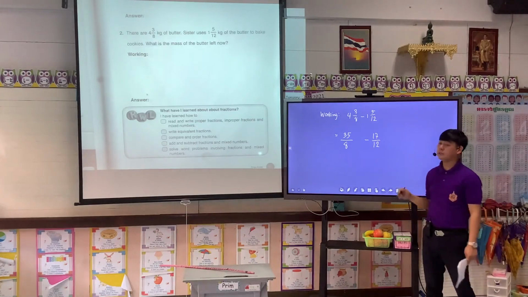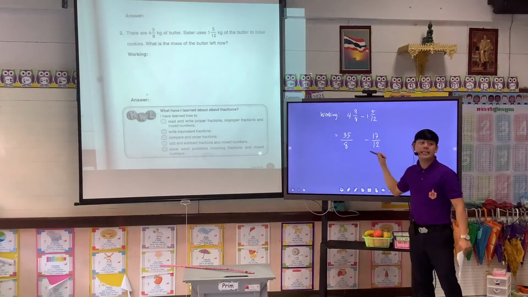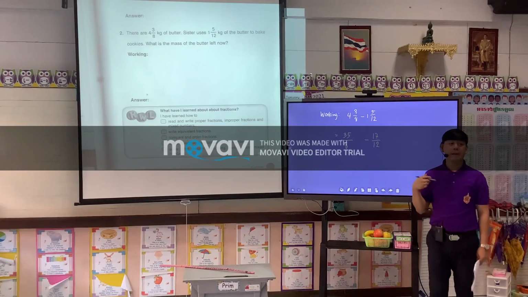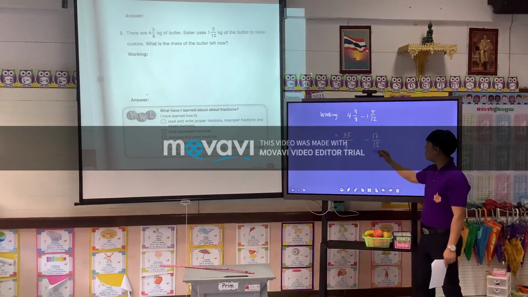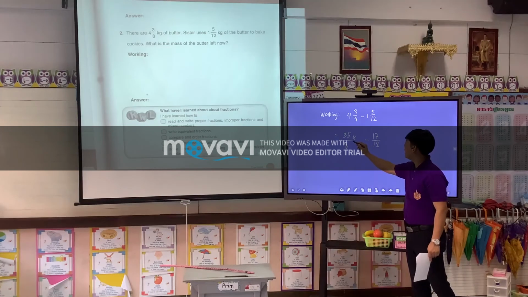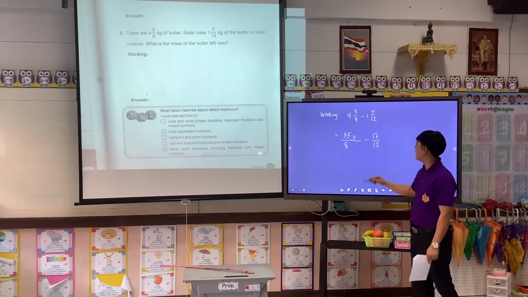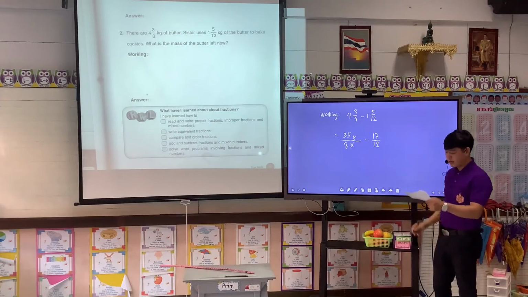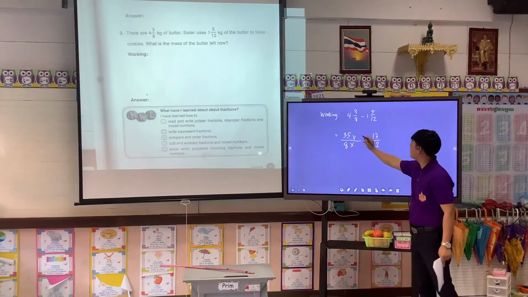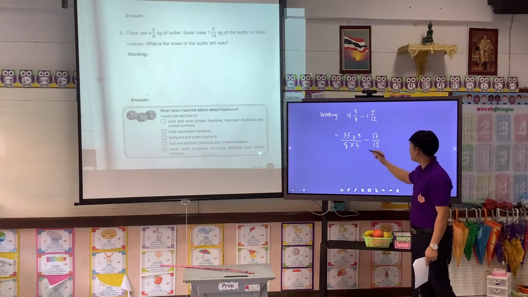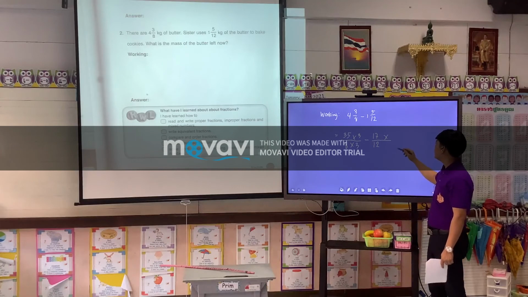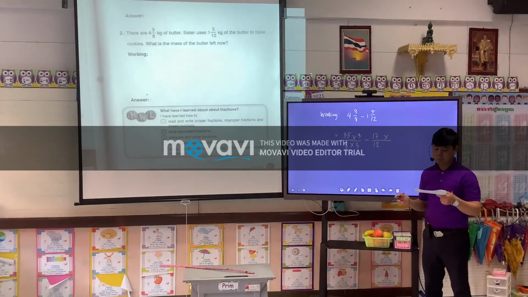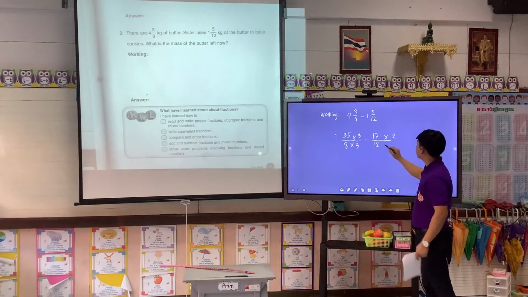What should we do to equalize the denominator? Let's find the numbers that can be multiplied to both. So, what number can we use to multiply? 35 times 3, 8 times 3, 17 times 2 and 12 times 2.